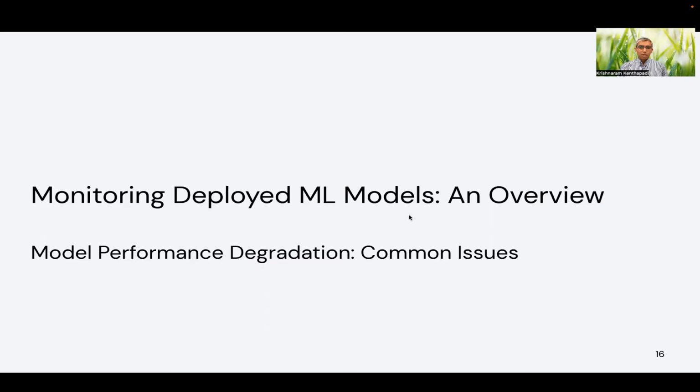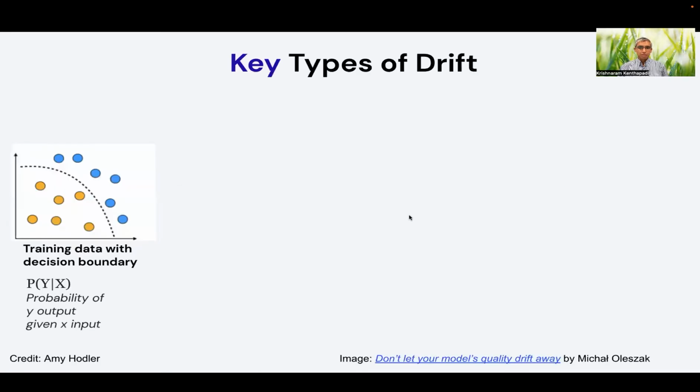One of the common types of issues that is observed is drift of different types. By drift, we mean changes in certain distributions. For the purpose of this section, let's assume that the model under consideration is a binary classification model.